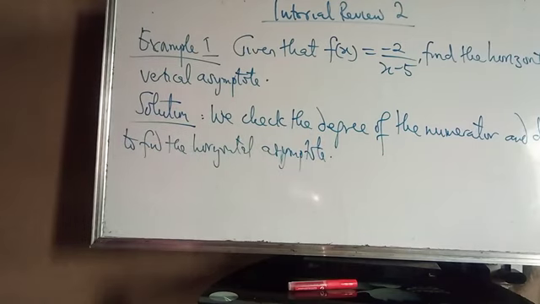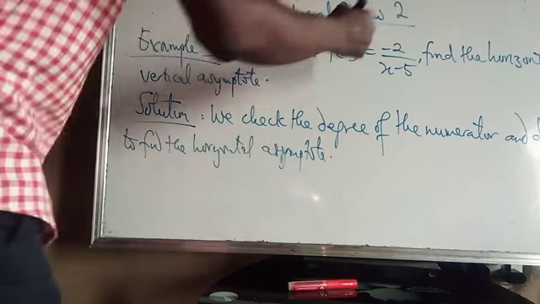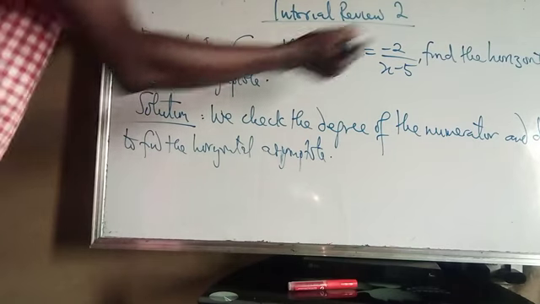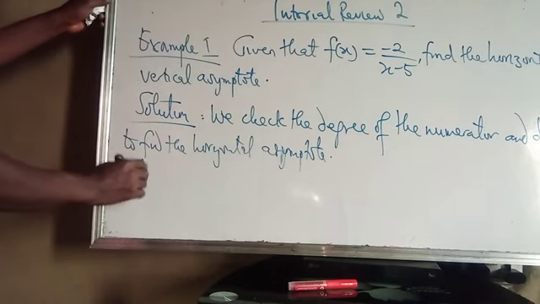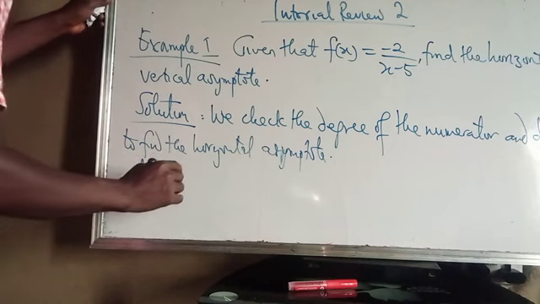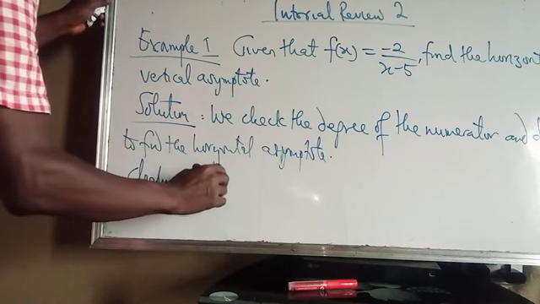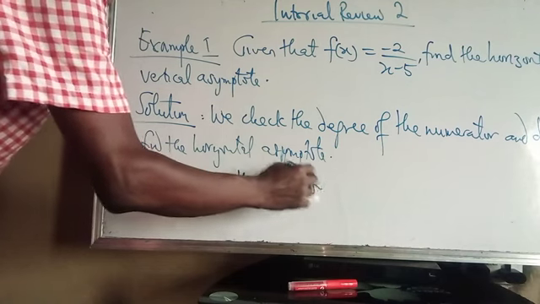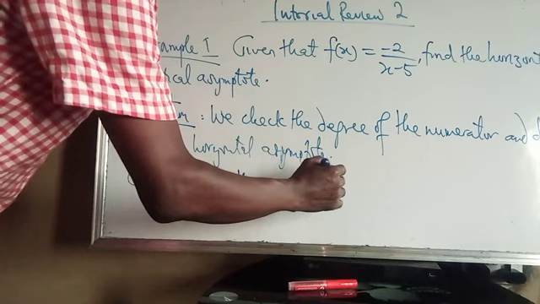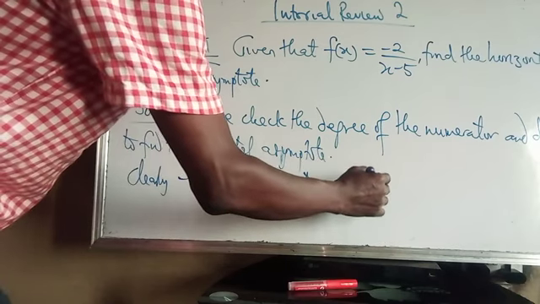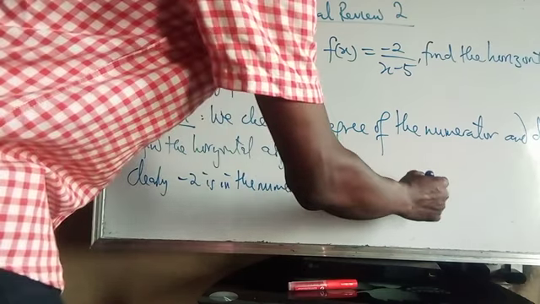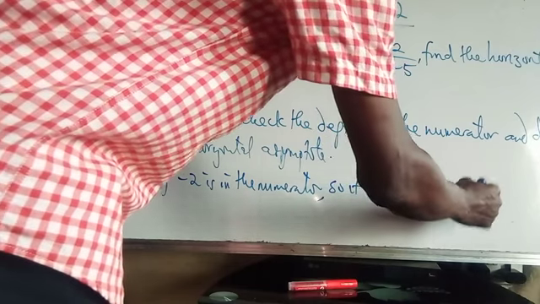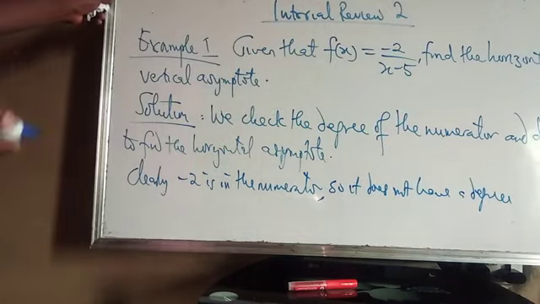Clearly here, the degree of the numerator is 0, because minus 2 is in the numerator, which is a constant, so it does not have a degree. Minus 2 is a constant.